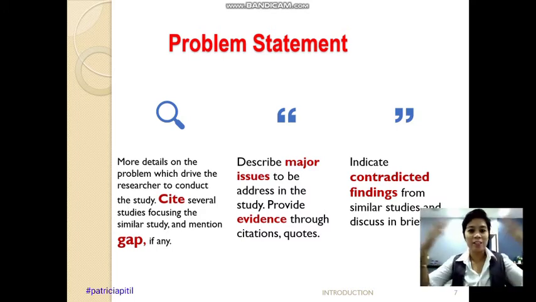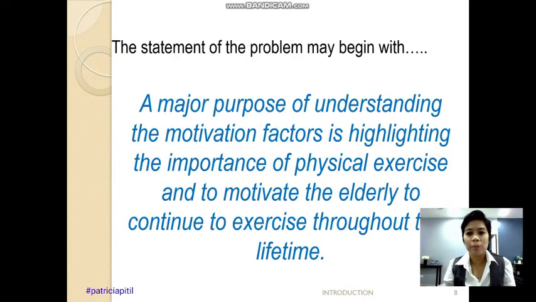So address, find out your problem, read, outline, point out the major issues. Okay. Right, so the problem statement may begin with, this is an example: a major purpose of understanding motivation factors in highlighting the importance of physical exercise is to motivate the elderly to continue exercise throughout the lifetime. Because exercise is to take care of the health.